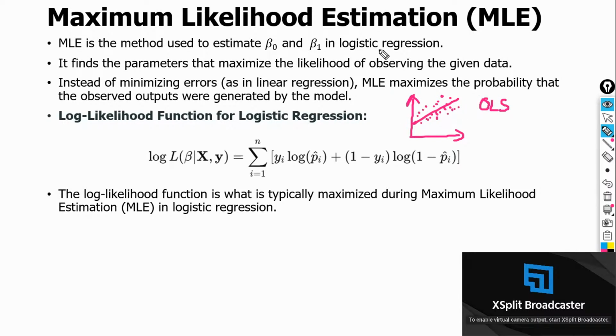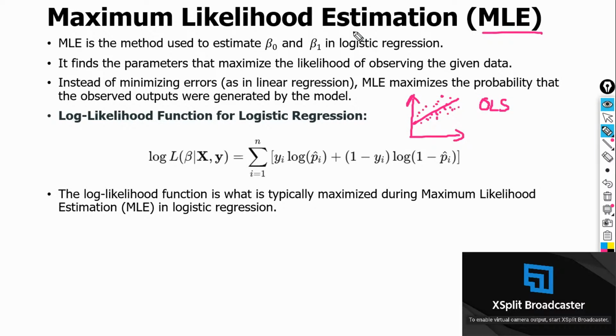But logistic regression uses the MLE technique, maximum likelihood estimation. As part of the equation, we have the coefficients, beta naught, beta 1, and so on. These coefficients are estimated using the MLE technique.